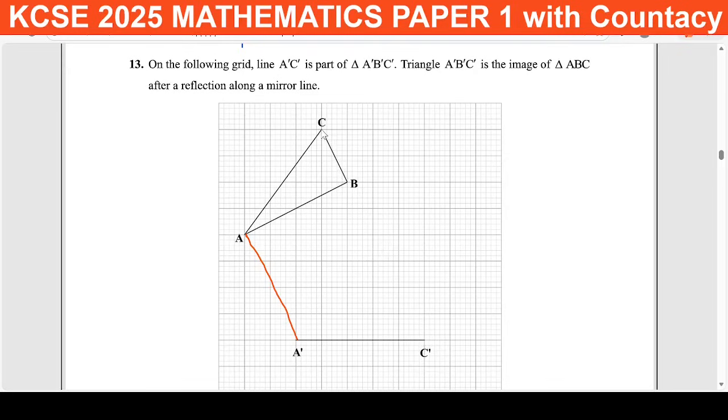So let's go ahead and do that. So this C is going to really come like that. You connect it with this C like that. And finally, you are supposed to establish a mirror line along this line. So what are you really supposed to do? You are supposed to bisect this line, and also you bisect this line.